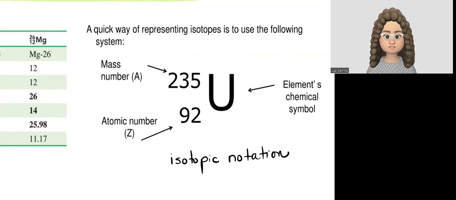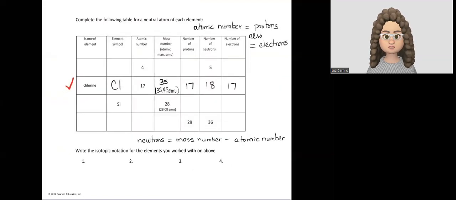If we go back to the work that we did in the previous slide, and we want to write the isotopic notation for this isotope of chlorine, we could write it in the following manner. I'm going to write it on the side.